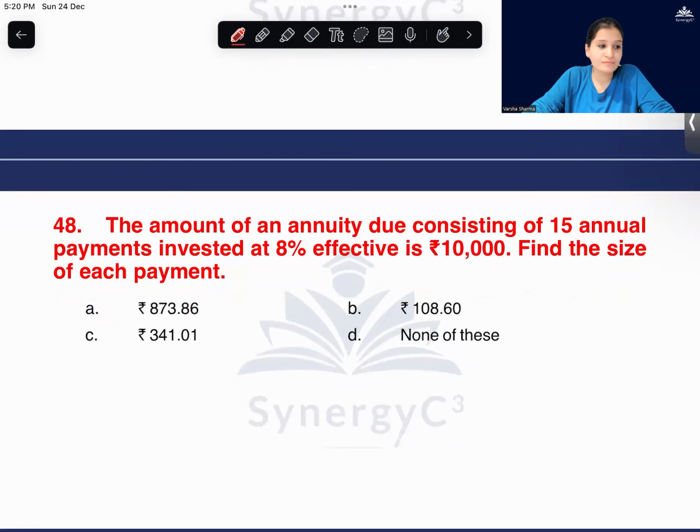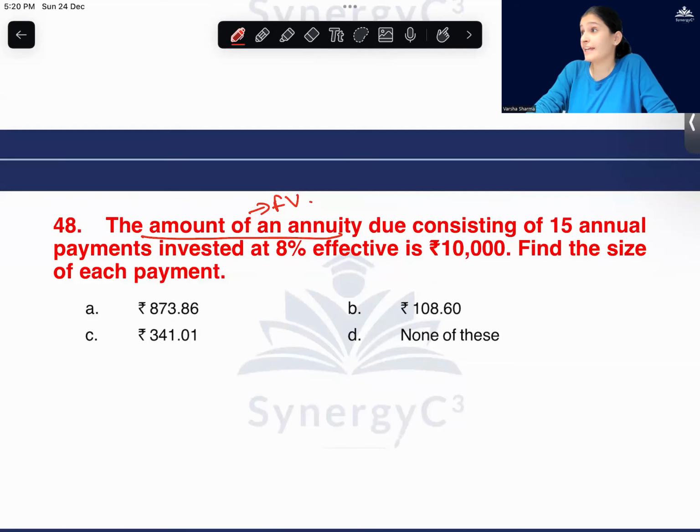What is amount of an annuity? Future value. Amount of an annuity is just another way to say future value. Which formula will we apply?